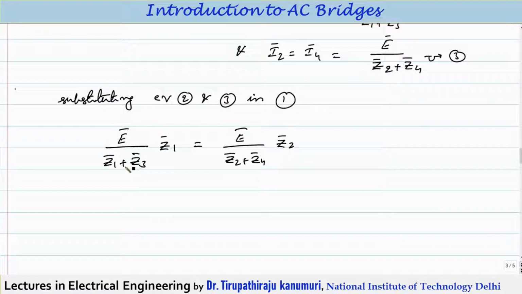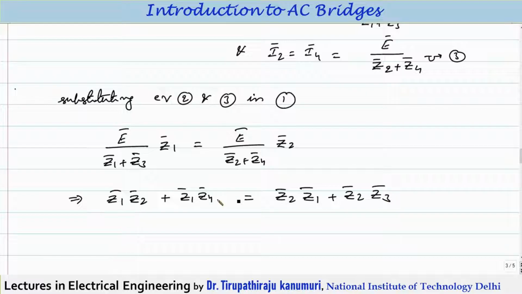So I am just cross multiplying this. Z1 plus Z3 I am taking this side, Z2 plus Z4 I am taking this side. So this I can write in the form Z1 multiplied by Z2 plus Z1 multiplied by Z4 will be equal to Z2 multiplied by Z1 plus Z2 multiplied by Z3.